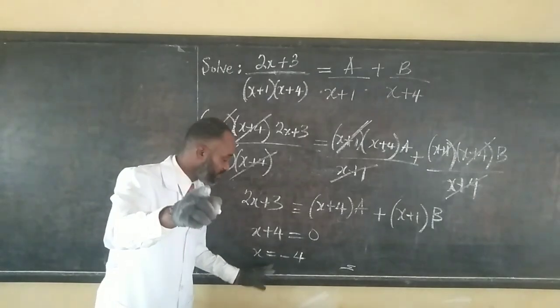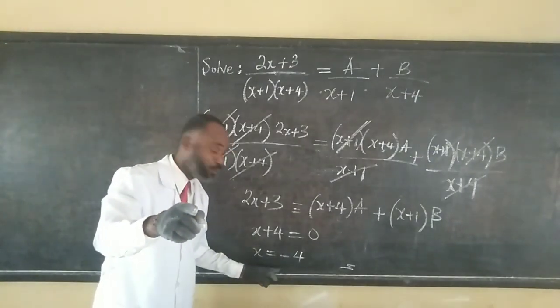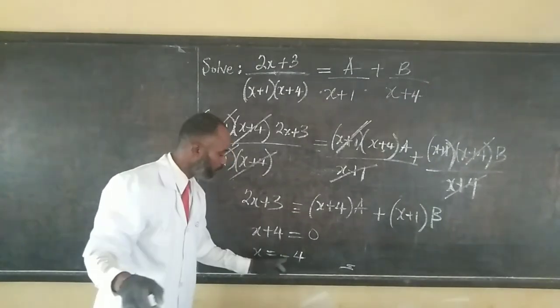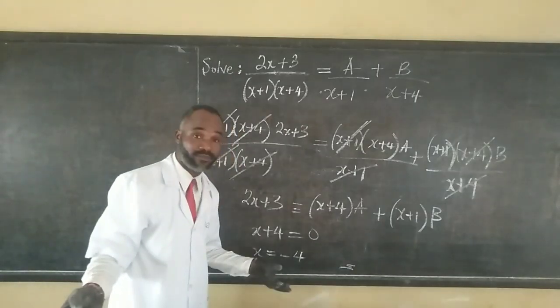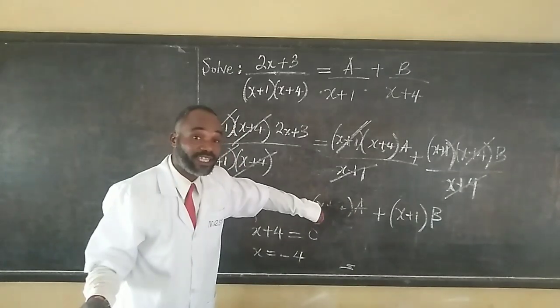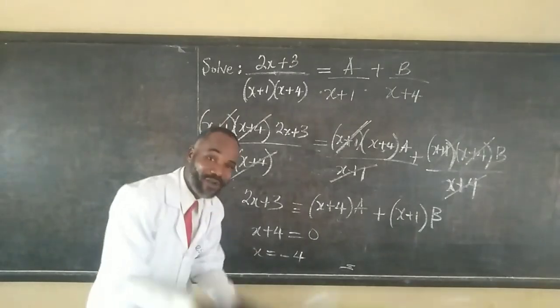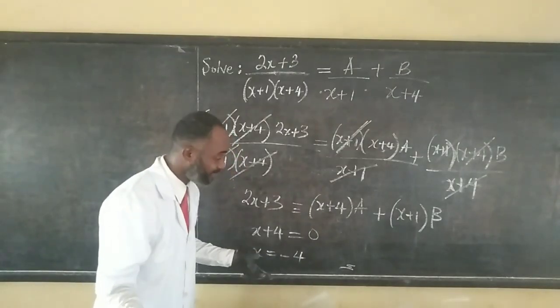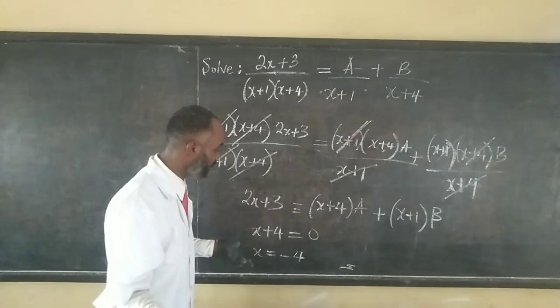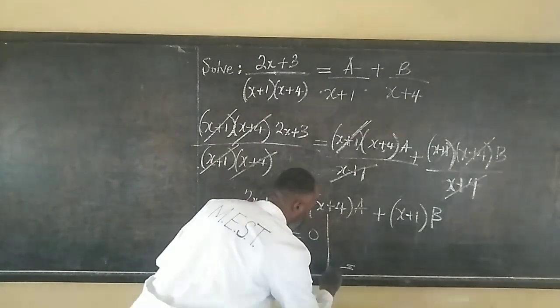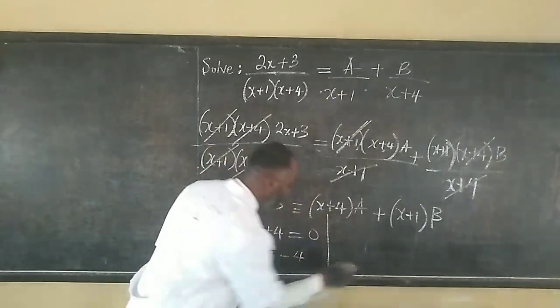Wherever we see x, with this method, we put minus 4 and see what happens. You see that one of the letters will go. One will remain. That's it. Let's see how it plays out.